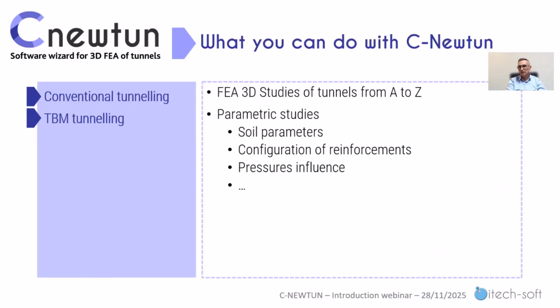But you can also use it as a tool for generating parametric studies, for example, on soil parameters, or on configuration of reinforcement, or on several pressure influence. Also, as I will show later, we can use C-NEWTUN as a starter to access more advanced models.